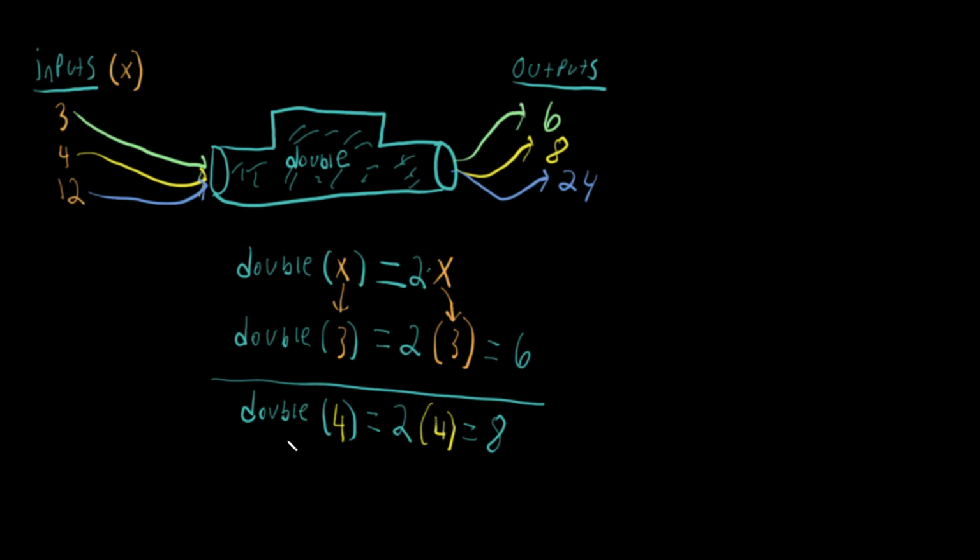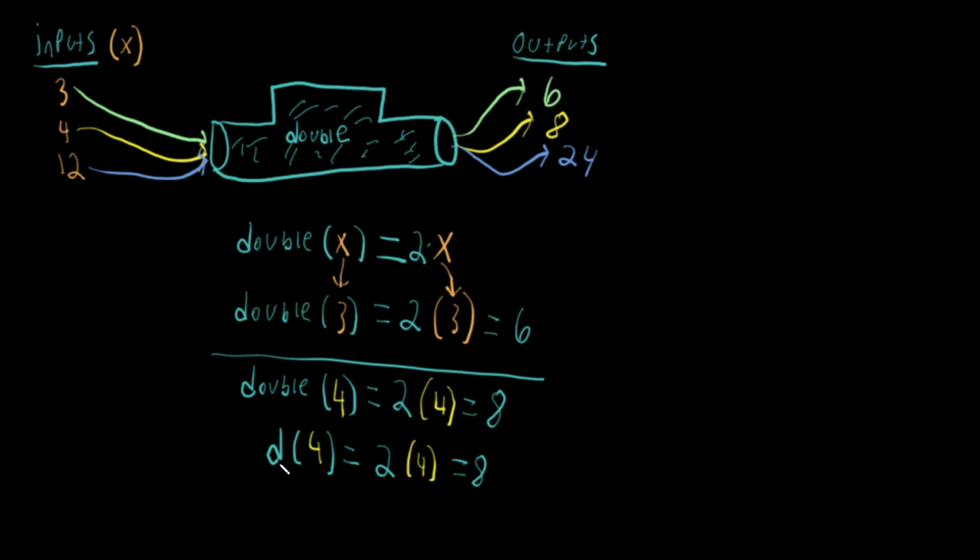So instead of saying this, we could say just D of 4 equals 2 times 4, which is 8. This is saying the exact same thing, but instead of saying double, we said D. But instead of using D, which isn't a great function name, we're just going to use F.